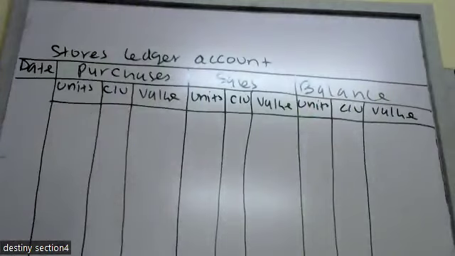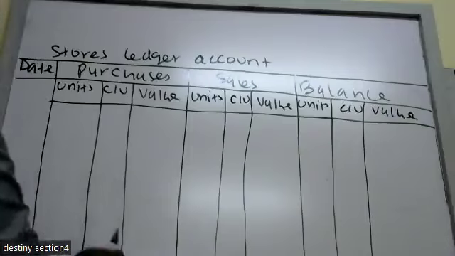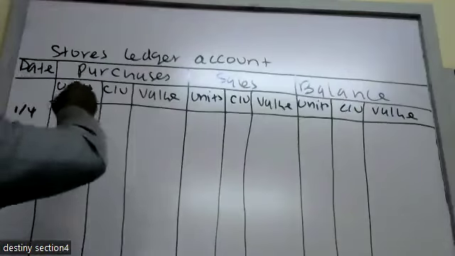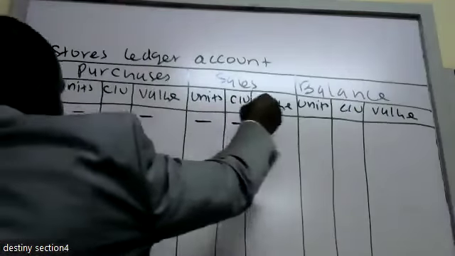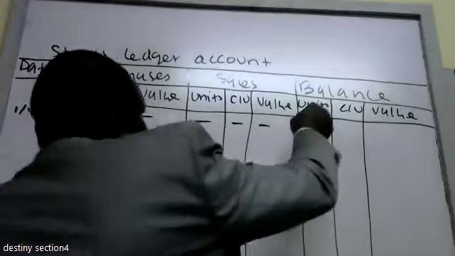So we start off with the opening balance. It is on the first day, so on 1st of April, there is the opening balance. So that opening balance is 4,000 units.